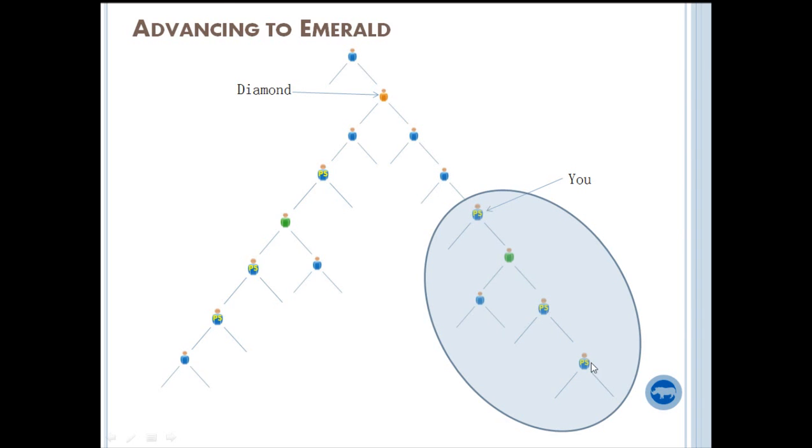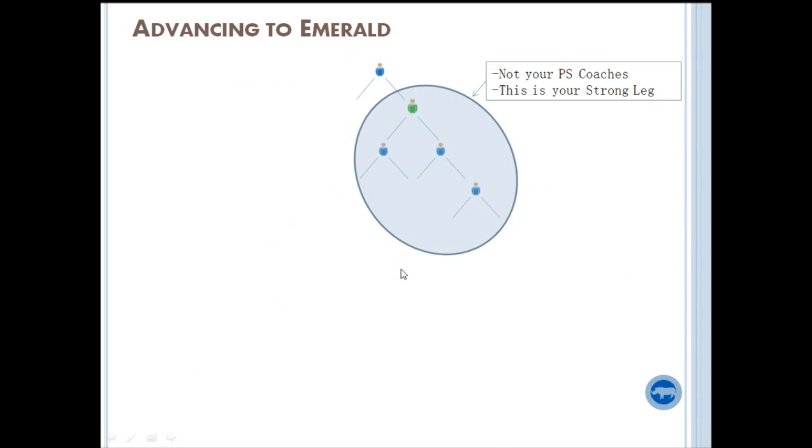These people are also either mine or coaches from someone else in your upline. Maybe this guy added this guy here, and he became Emerald by adding this guy and some other guy. These are not your coaches. You are a personally sponsored coach of mine, and you have no coaches. Okay, so we're going to zoom in on this part of your organization, and it looks like this.